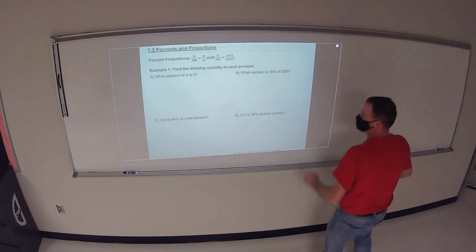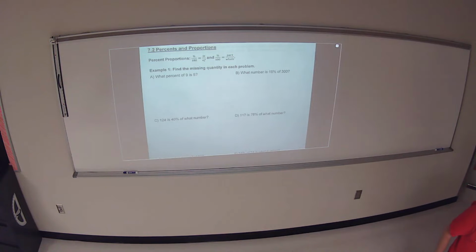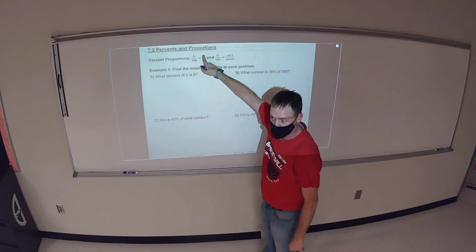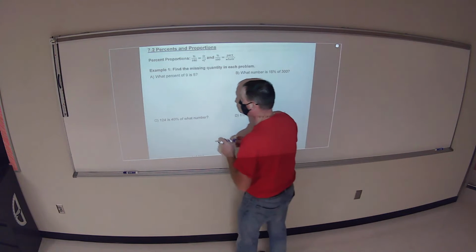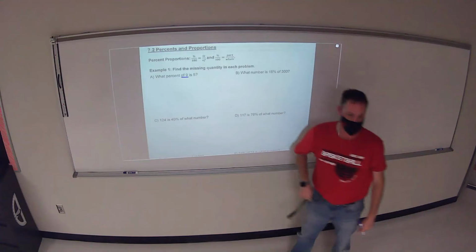It says, what percent of 9 is 5? There are 2 keywords in this sentence that also show up in this proportion. We see the word of, and with the word of, we have the number 9.